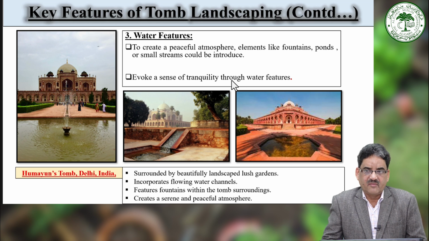One example of a tomb with water features for a sense of tranquility is the Humayun's Tomb in Delhi, India. The tomb is surrounded by lush garden and incorporates flowing water channels and fountains, creating a serene and peaceful atmosphere for visitors.